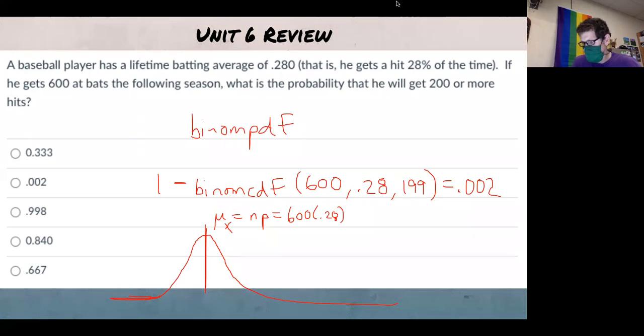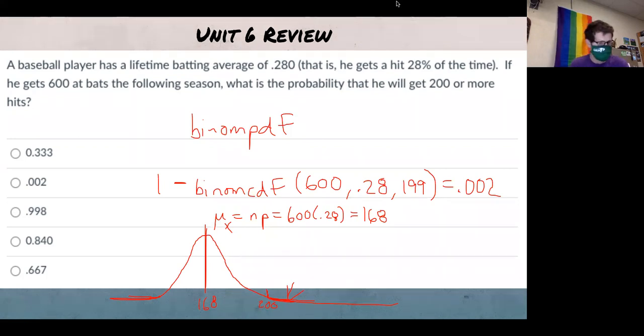This isn't what they're asking for in the problem, but we can still figure it out. 600 times 0.28 is 168 hits. So this is going to average to 168. And 200 is going to be up here somewhere. All right, so there's only a 0.2% probability that 200 or higher is the result.